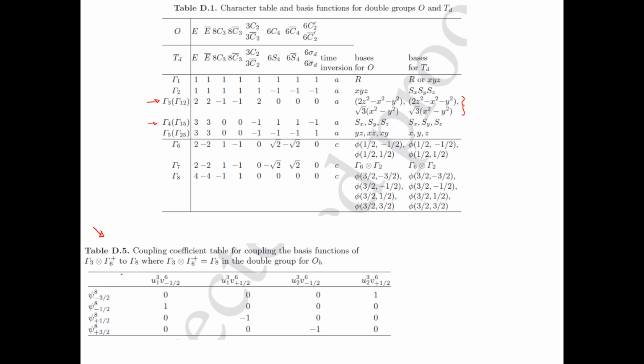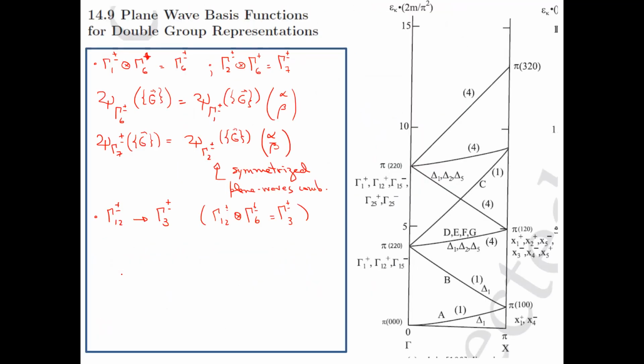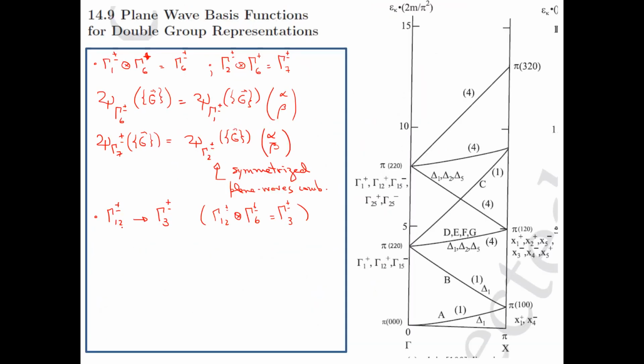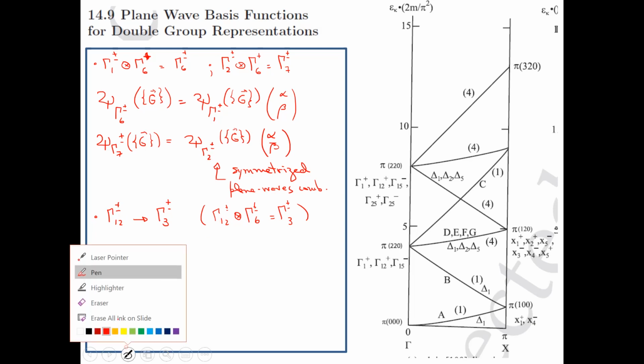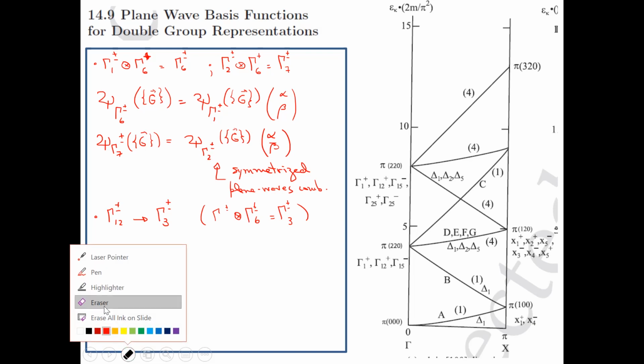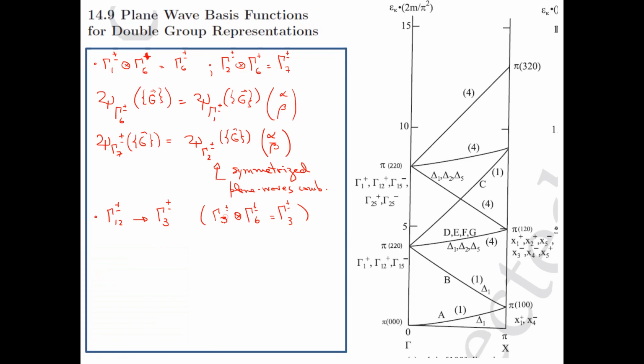So the gamma 3, when I make the direct product, so gamma 3 is actually the same as gamma 1 2, and when I make a direct product between gamma 3 and gamma 6, I get a gamma 8, fourfold degenerate level.